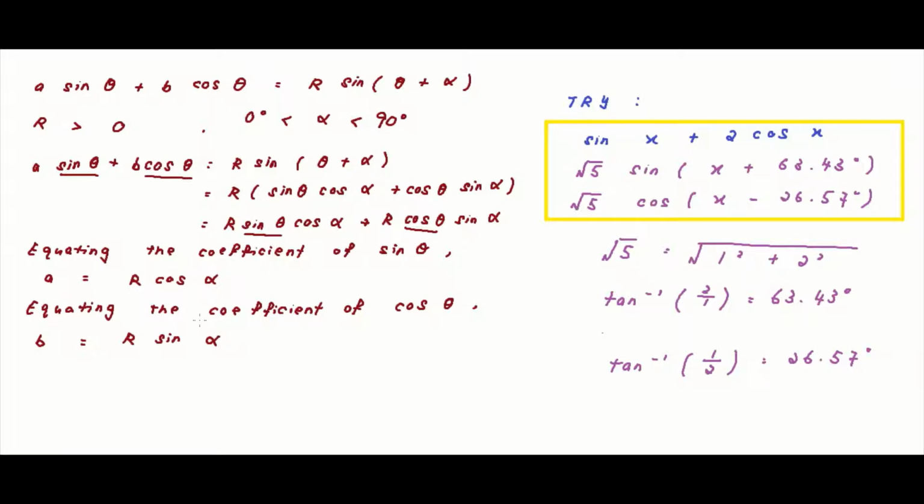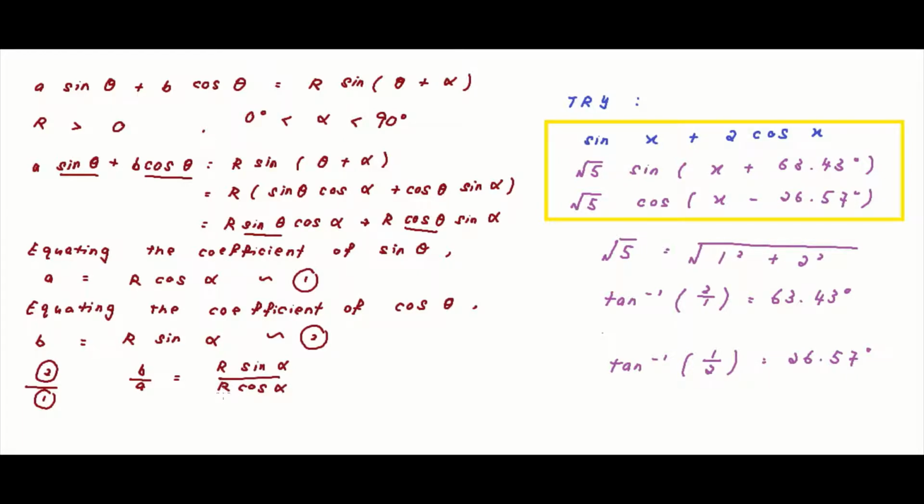This is my first equation, this is my second equation. We want to get tangent, right? So let us use the number 2 equation divided by the number 1 equation. Then I have B over A equals R sine alpha over R cos alpha.